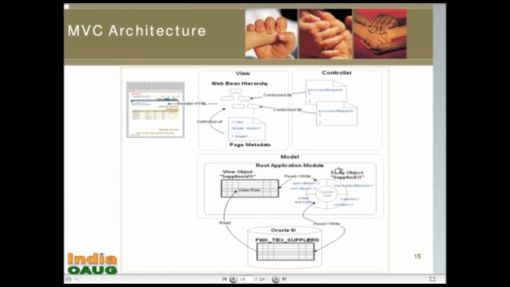One is the entity object, nothing but insert, update, delete: read and write. View object means reading purpose, select statement. Entity object means writing purpose, insert, update, delete. Here you can see the arrow marks also: read and write for the entity object, and the view object is only reading.